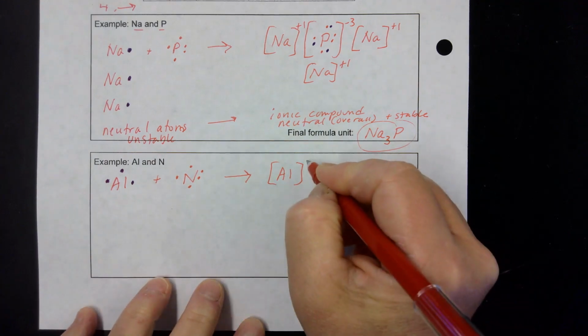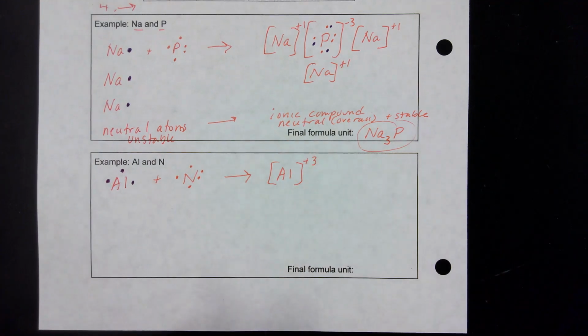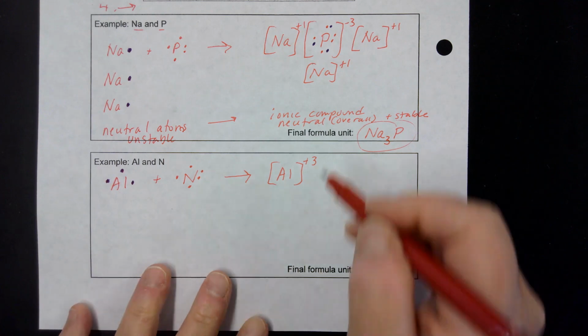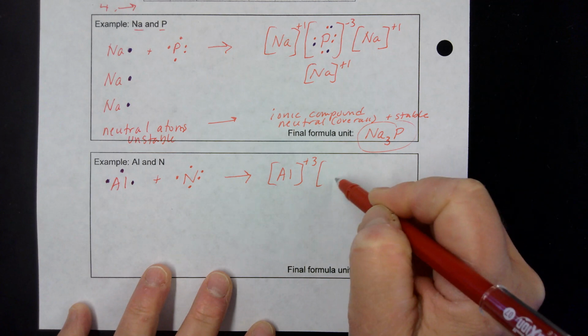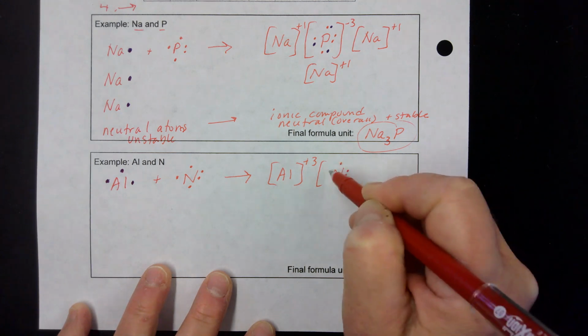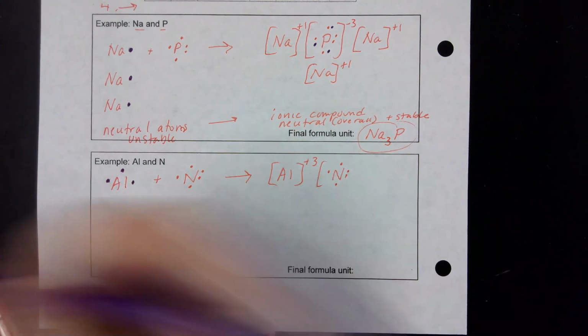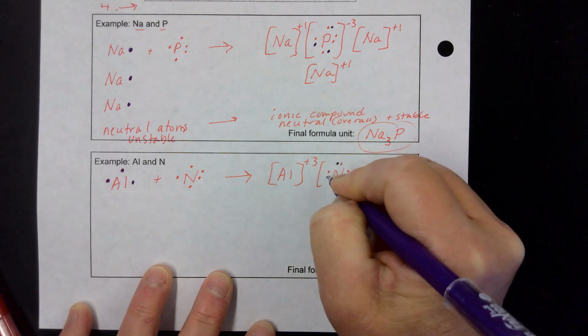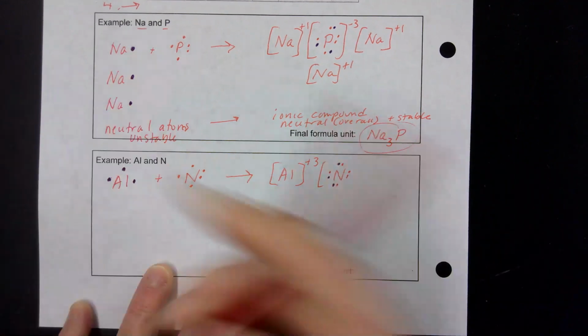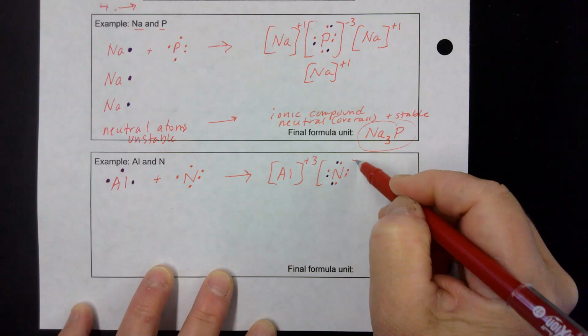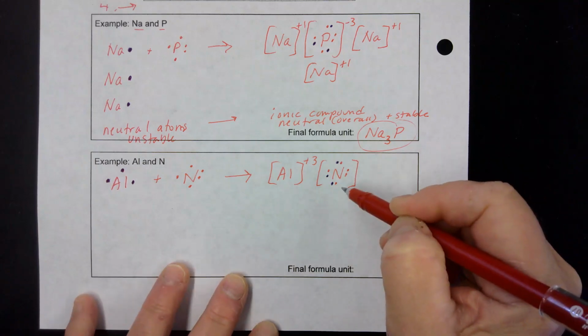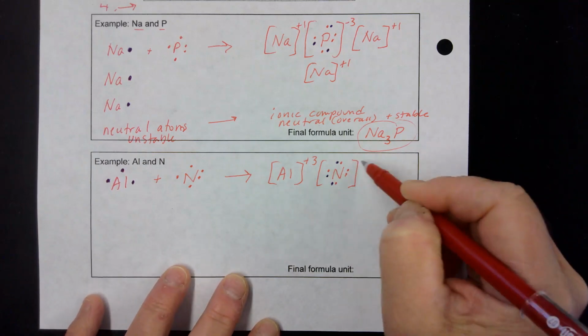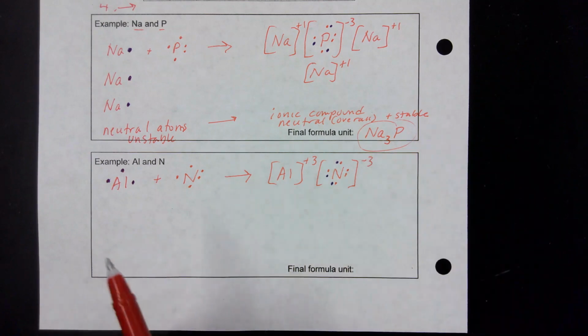And overall, because it lost 3 electrons, it will have a +3 charge. Nitrogen, on the other hand, I'm going to start by drawing the original 5 electrons that it had. And I'm going to bring in those 3 purple electrons that were originally on the aluminum. And now this nitrogen overall has a -3 charge because it gained those 3 electrons.